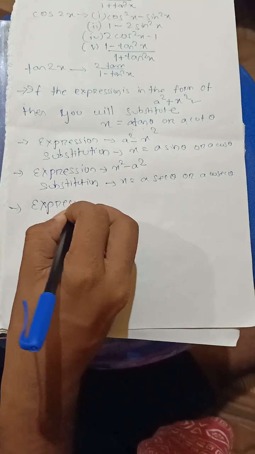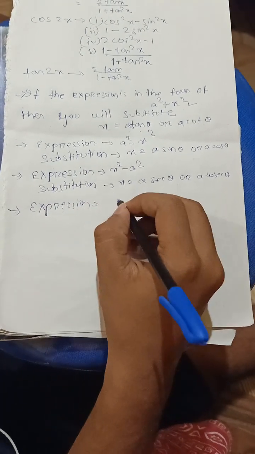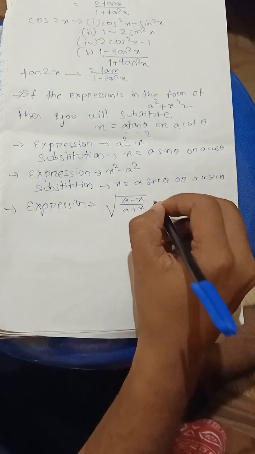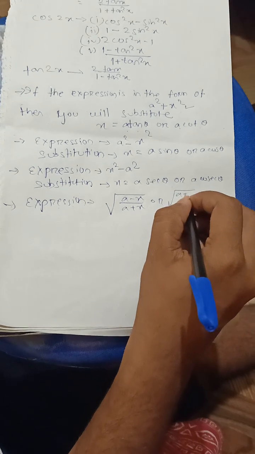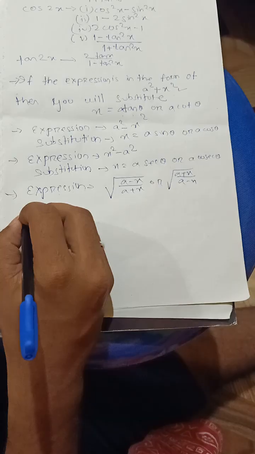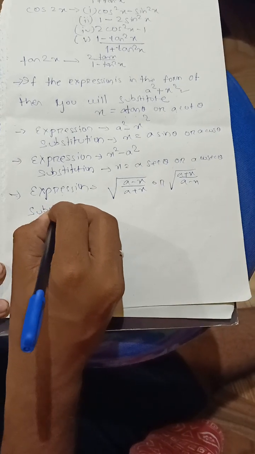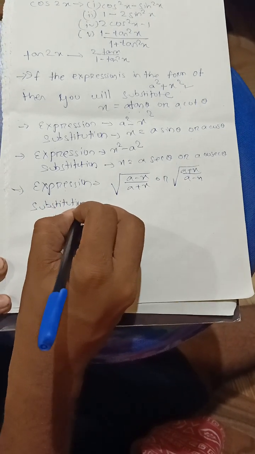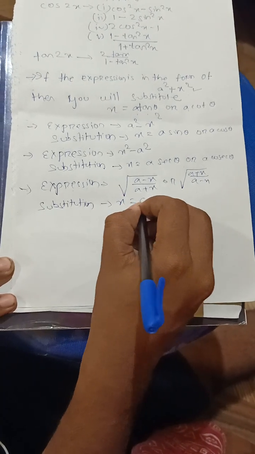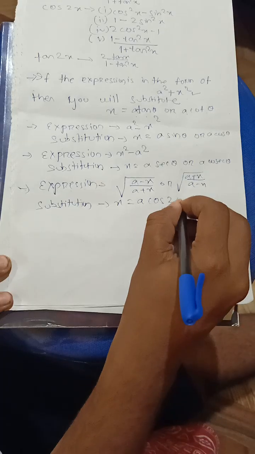Expression root over of a minus x by a plus x, or root over of a plus x by a minus x: substitution x equals a cos 2 theta.